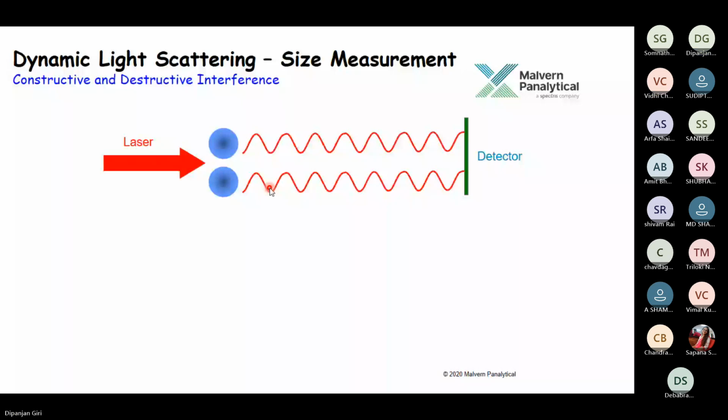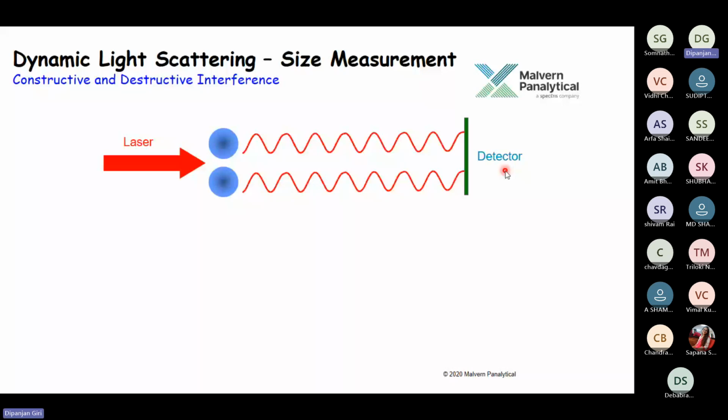So their intensities at a given point will be added to each other, and as a result, if you have a detector here, the intensity received at the detector will be enhanced. This type of wave interaction is known as constructive interference.